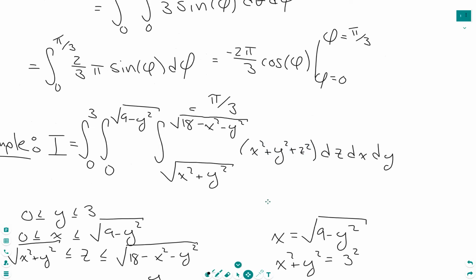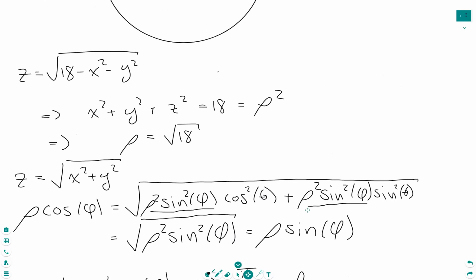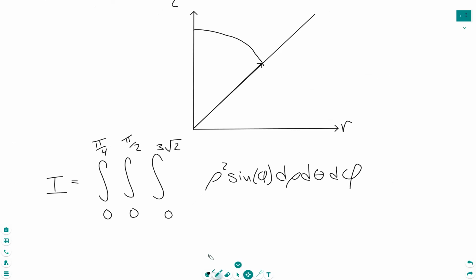Well, that's just rho squared. So we have a rho squared here. So ultimately, we can just write a rho to the fourth. So we rewrote this very messy Cartesian integral in terms of spherical coordinates, and it worked remarkably well.